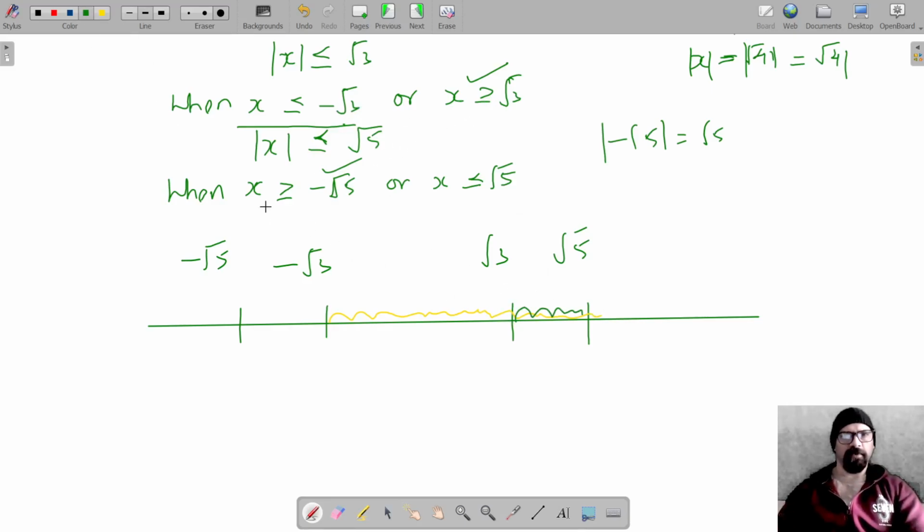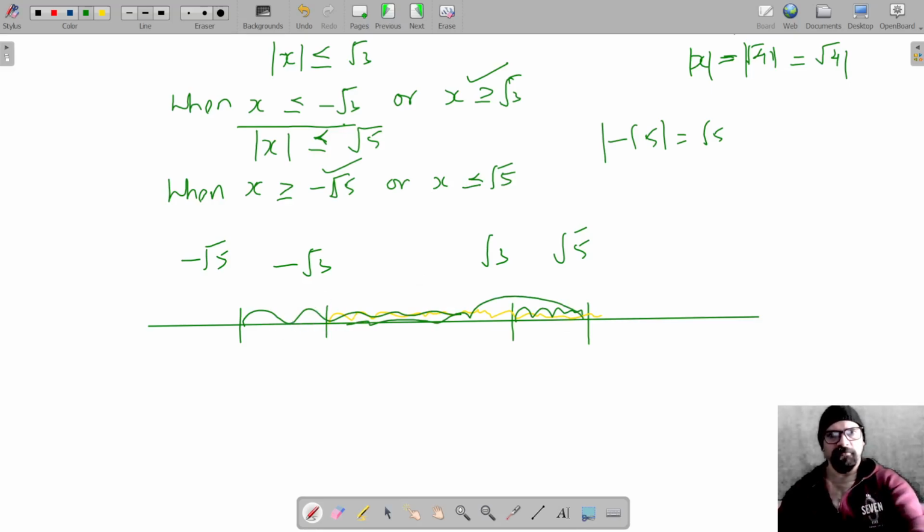And x greater than or equal to negative root 5 and x less than or equal to root 5 would be in both regions. If we check, we get the common region as this one.